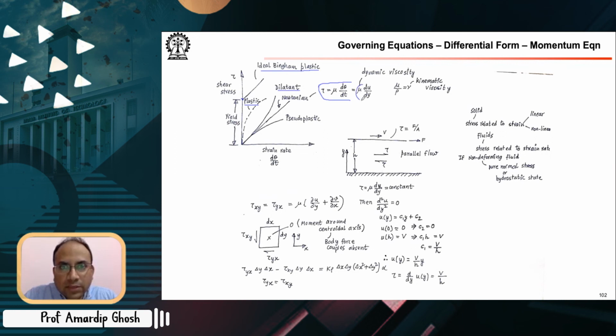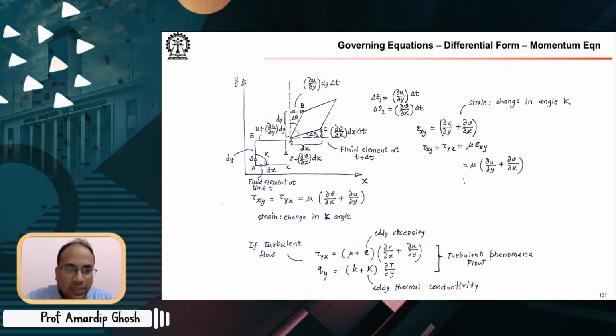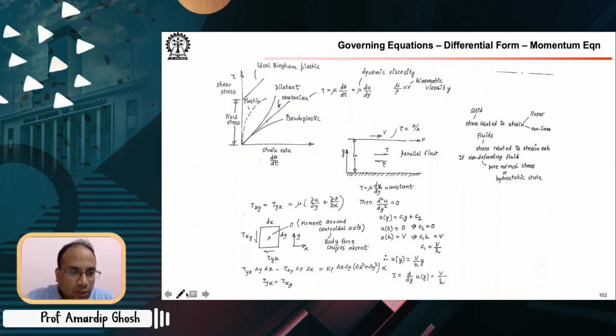Okay, so this one is for your parallel flow, where you have variation in velocity only in one direction. But again, I must emphasize that this is the more generic form. Okay, so you include the variation in those two directions. But of course, if it is a planar flow where nothing is changing in the other direction, then you can just use this.